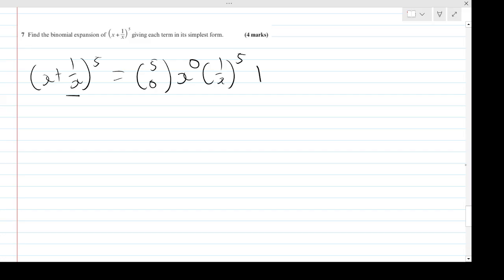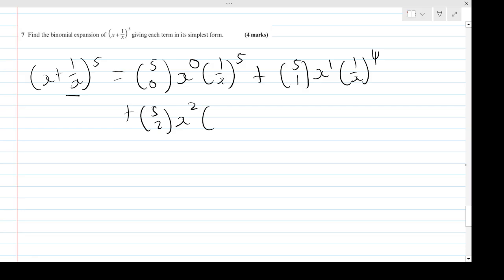Then the next part would be 5 choose 1, then x would be a power of 1, then the other part 1 over x would be a power of 4. Then the next term is 5 choose 2, then we have x squared, then 1 over x would be cubed. Okay, then we have 5 choose 3.